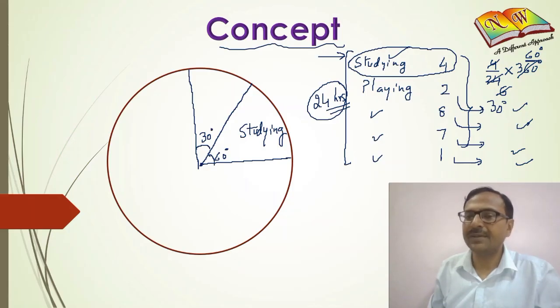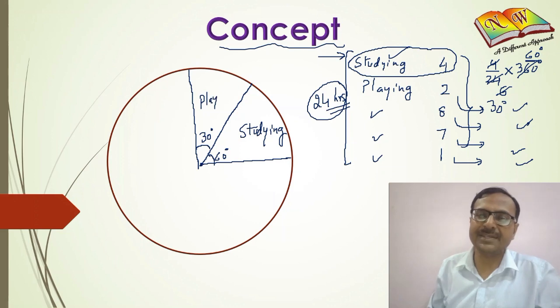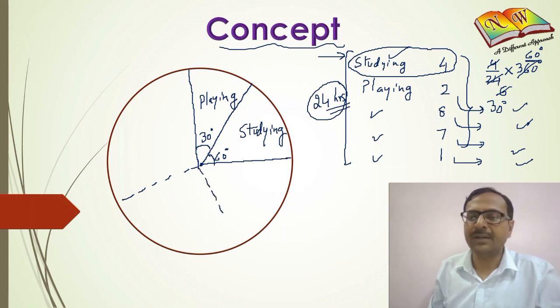So this is the sector which represents playing. And likewise, I'll keep on drawing all the angles, and ultimately the last sector will be left, which you don't have to draw, and you will obtain it automatically. But the last sector will be the last head, and it should tally with the angle which you have found out. This is what we call a pie chart.